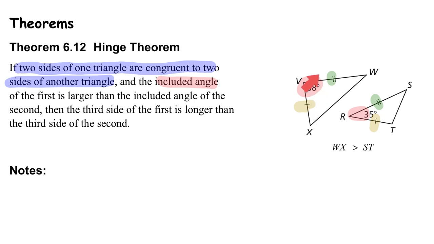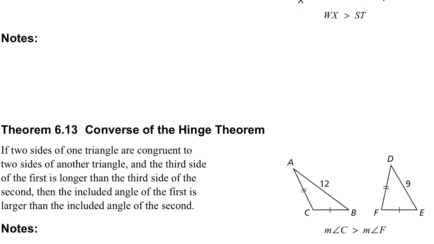So since 88 is larger than 35, WX is going to be a longer side than ST. So, hinge theorem, a hinge like on a door: as you open the door, the dimensions of the door don't change. The dimensions of the door post don't change. But as the angle gets bigger because you're opening a door, the distance between the door and the door frame increases. Okay? Then we have the converse.